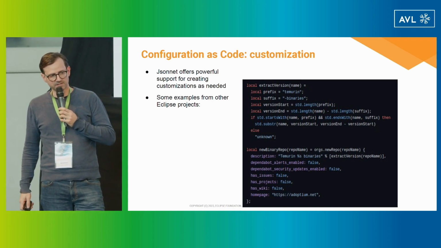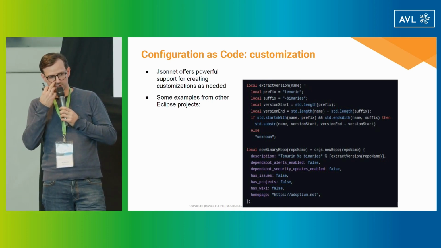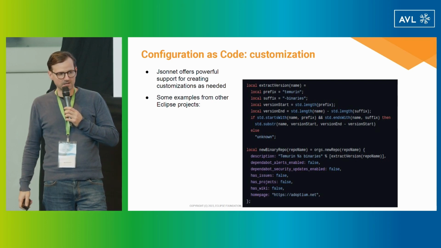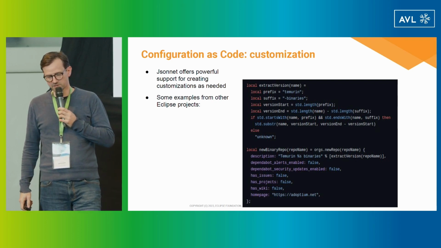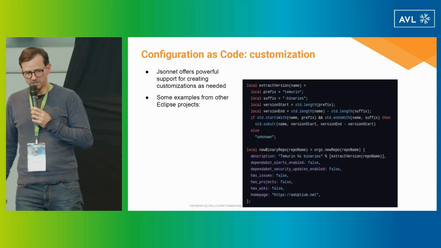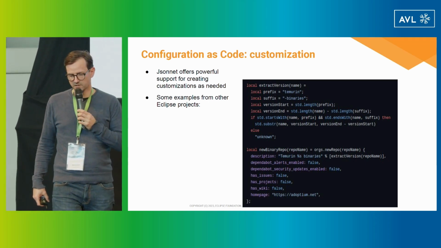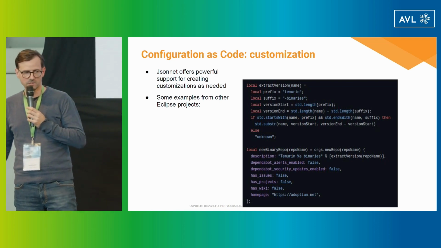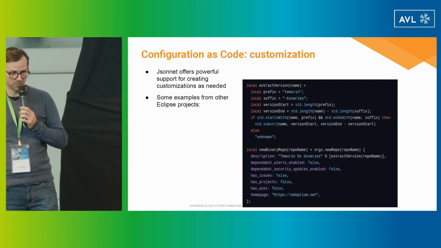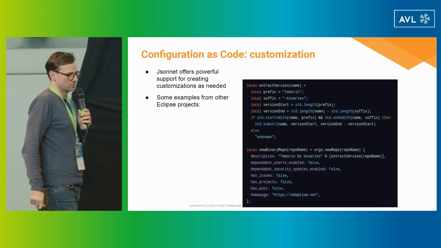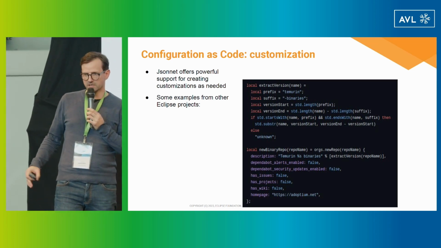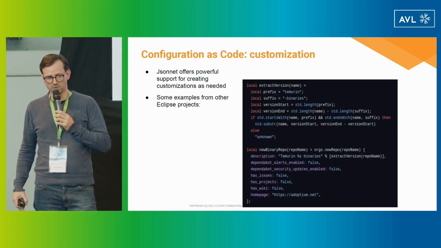Something that is very nice about JSONNet, and that's also the reason why we have chosen it, is that it allows very powerful customizations. Some projects really use that extensively. One of the projects that was also the main driver for this tool, the Adoptium project, uses it to have a very clean and consistent configuration for all their repositories.